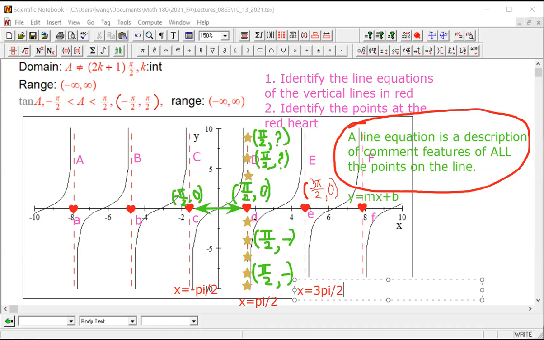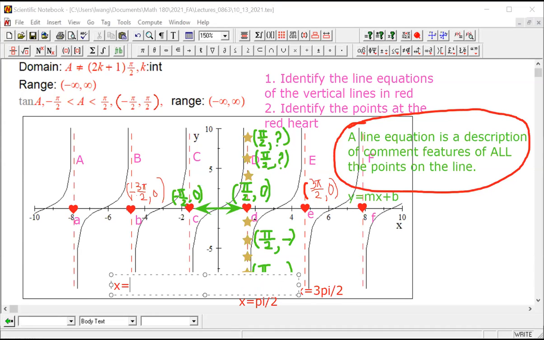And this other one, this point B, is negative 3 pi over 2, comma 0. And that vertical line equation is x equals negative 3 pi over 2.